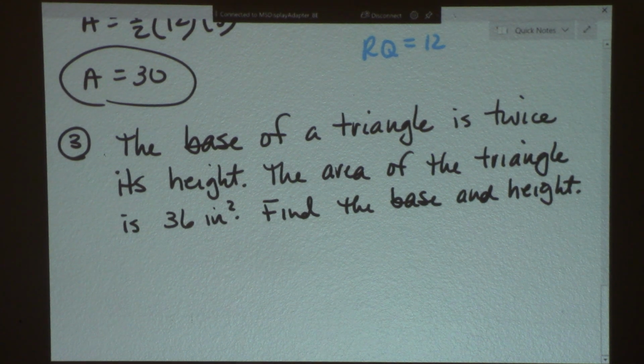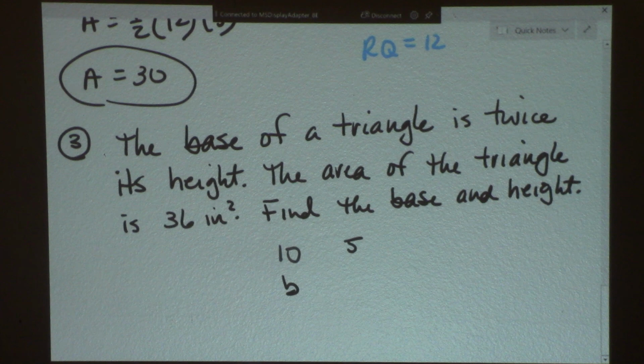All right, let's talk about it. The base of a triangle is twice the height. So that means if the base was 10, then the height would be 5.